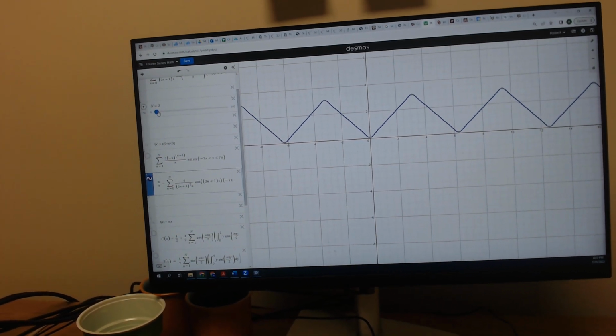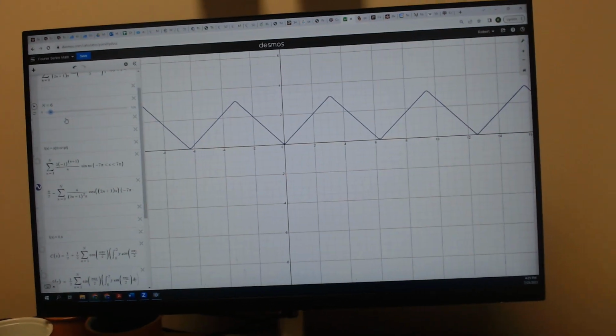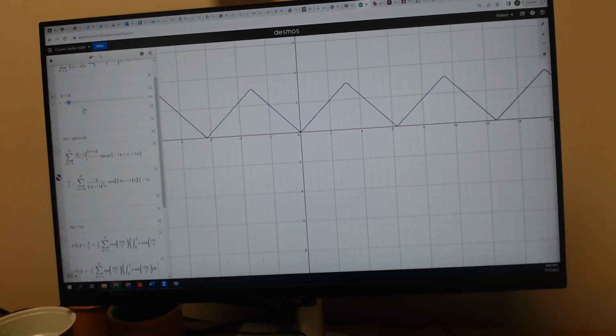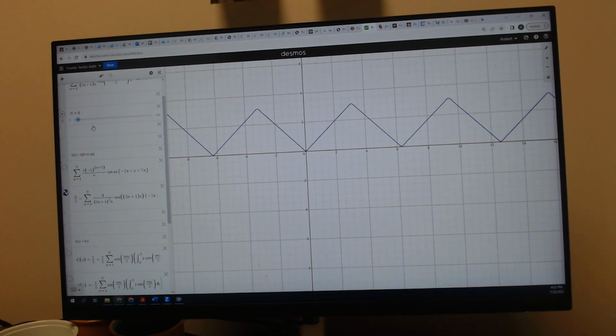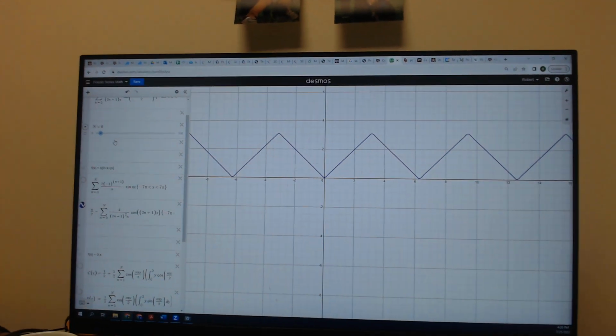Okay, and notice that even once we're at n equal to 6, this is a pretty good approximation to what it should be. We see some rounding there at pi, and down there at 0 and 2 pi and so forth, but it's pretty close.